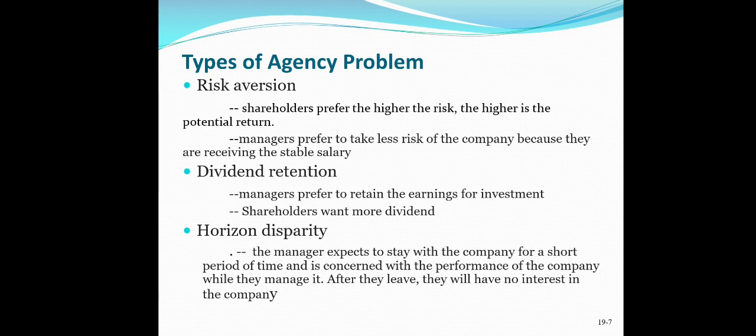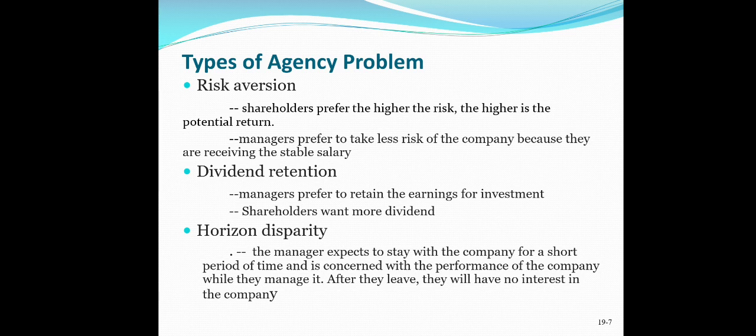According to the agency theory, the thing that can happen is you want the CEO or the manager to take risk because you want high return from your investment, but the CEO does not want to take risk because he wants to secure his job and to have a stable career or salary. So that is one agency problem.